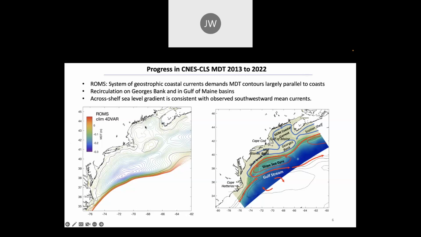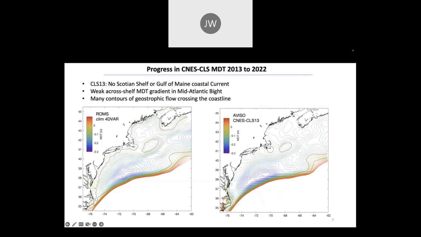So if we compare this to where we started with CLS13, you can see a large number of sea level contours going straight into the coast, which would imply geostrophic flow into the coast. And that's simply not plausible along the shelf. It's very shallow. It's predominantly well mixed on the inner shelf.